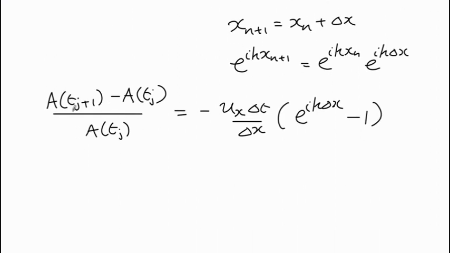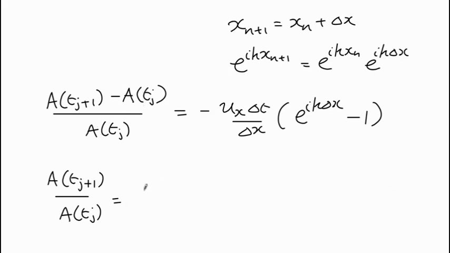And so now we can write what we want, which is finding out how the amplitude at the next time point depends on the amplitude at the previous time point. So we have A at t_(j+1) over A at t_j equals, and then this is just 1, A at t_j divided by A at t_j.